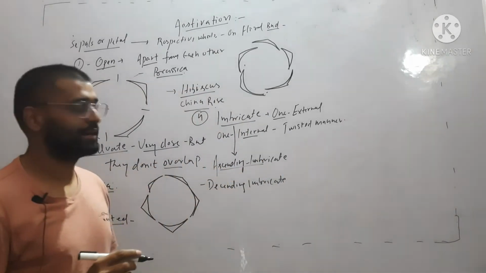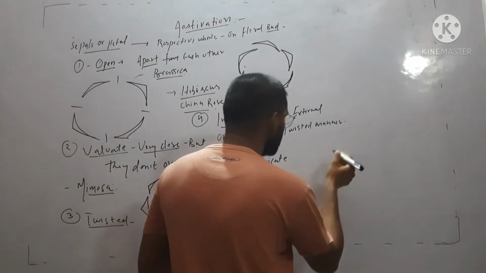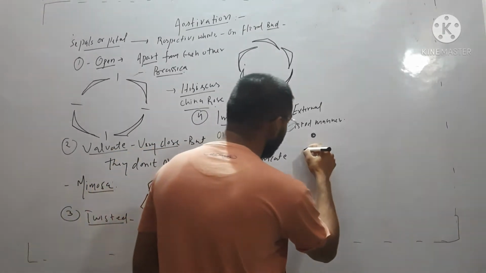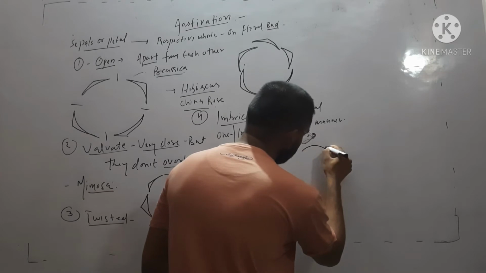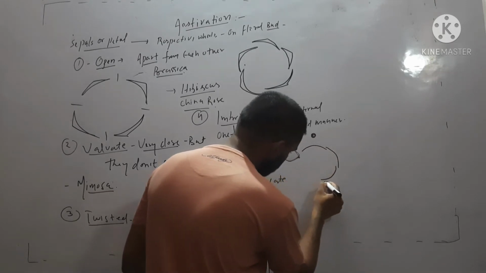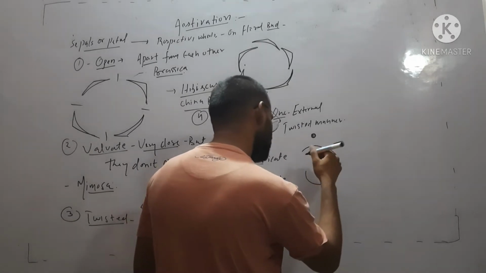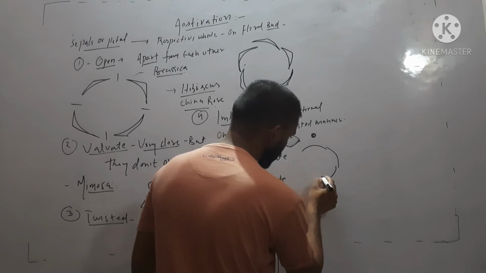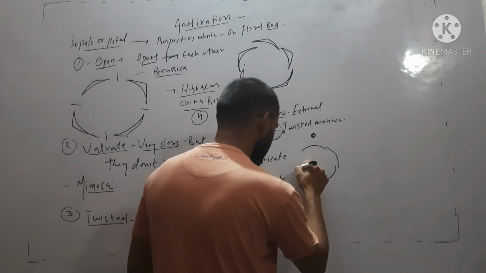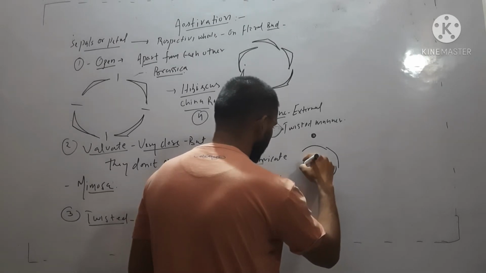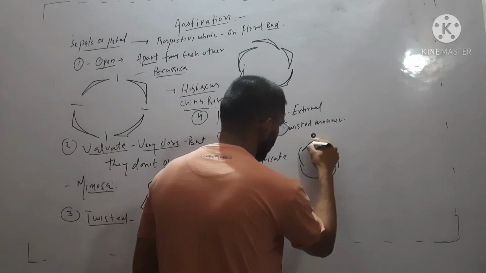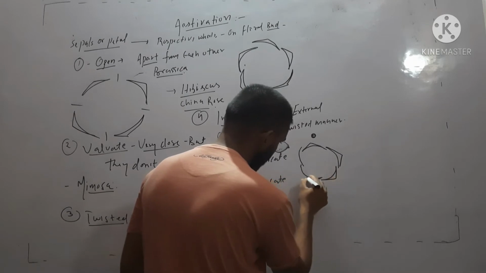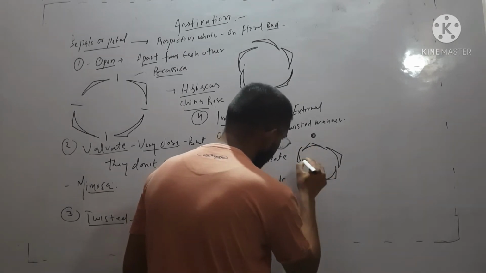In ascending imbricate, the petal towards the posterior side, or towards the mother axis, is internal. Like this.